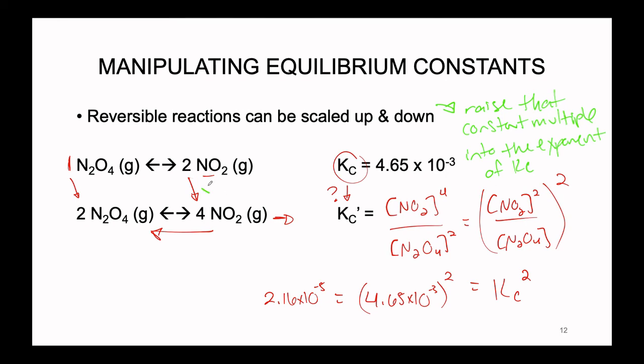We scaled up our reaction by 2, and we see that the Kc was squared. So if we instead scale up our reaction by 3, we would have a 3 in the exponent here. If we scale it up by 4, we would have a 4 in the exponent. If we scale it by 1/2, we would have 1/2 in the exponent here. You see where I'm going with this?